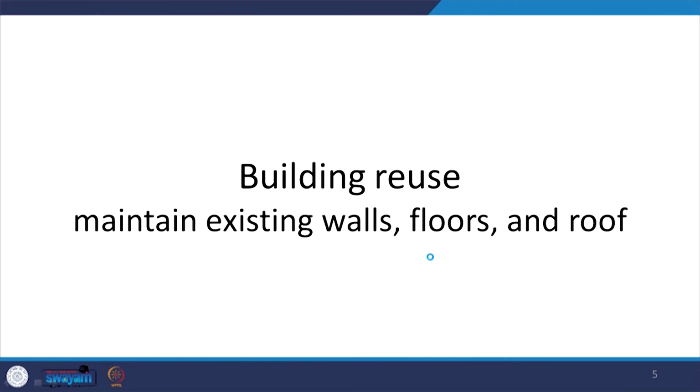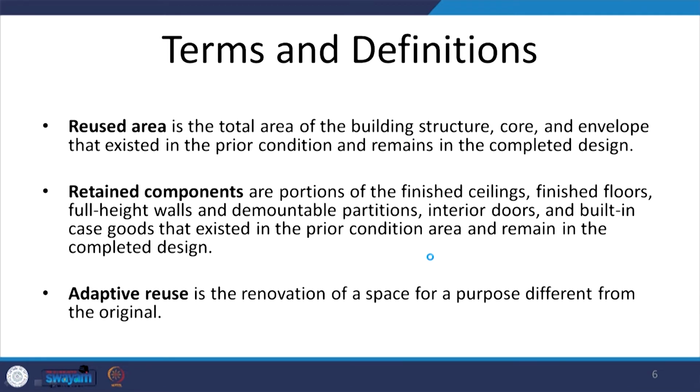So, one of the very important strategies here is building reuse. Now, here as first compliance criteria, we are talking about the structural elements. Whenever we are talking about the building reuse, often this criteria is not applicable for buildings which are absolutely new construction.